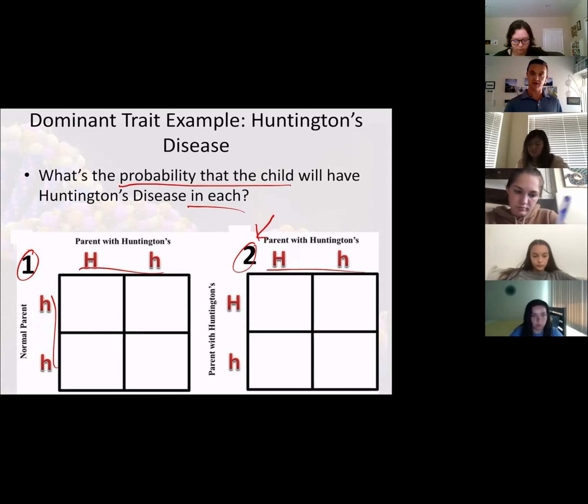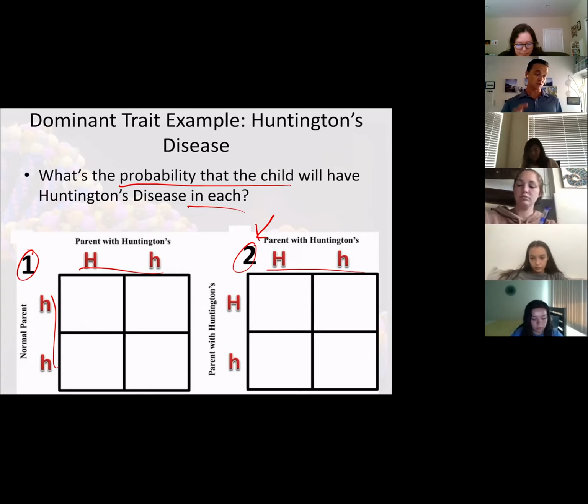Okay, so we'll do that on your clicker app. It's going to be a numeric type question, so it's a little bit different. Okay, it'll probably be similar to how you put it in with that short answer question we did before. So go ahead and work through that one, and you're just going to fill in those squares. And then if it's 2 out of 4, that'll be 50%, right? If it's 1 out of 4, that's 25%, okay? 3 out of 4, 75%.